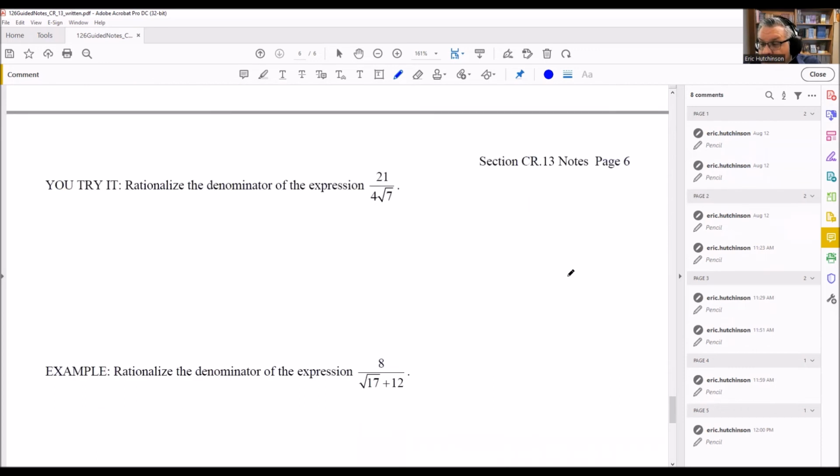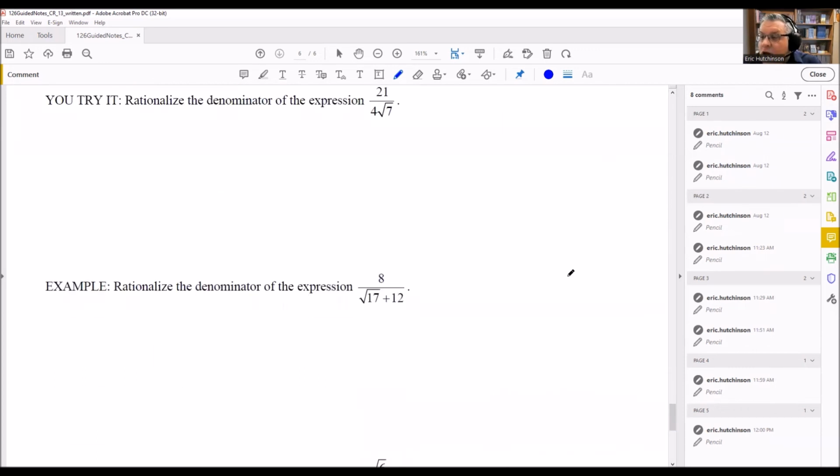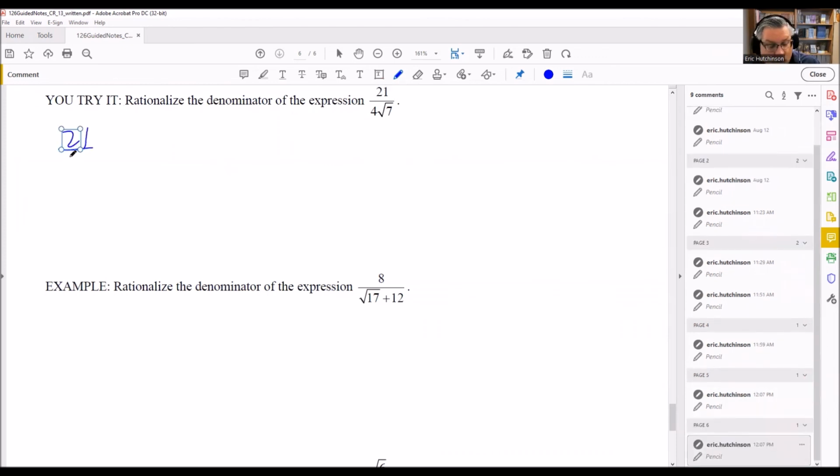Let's do another one of these type. We'll do this one here: 21 over 4 root 7. We're going to multiply this by root 7 over root 7, square root of 7 over square root of 7. Multiplying across the top, we get 21 square root of 7.